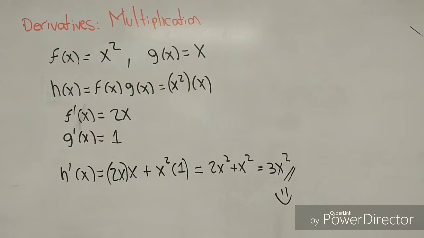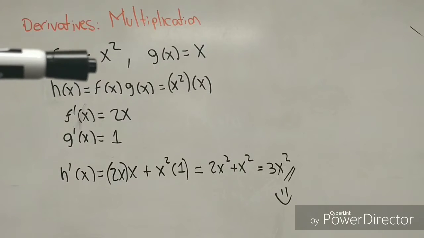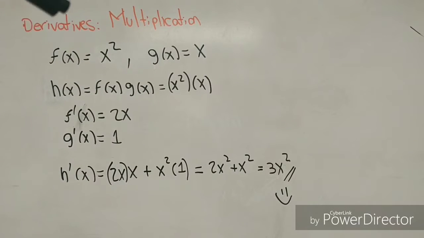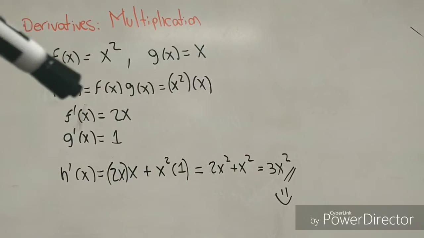And that makes sense, because if we know that f is x squared and g is x, we know that the multiplication is x to the third power, and the derivative of x to the third power is 3x squared.